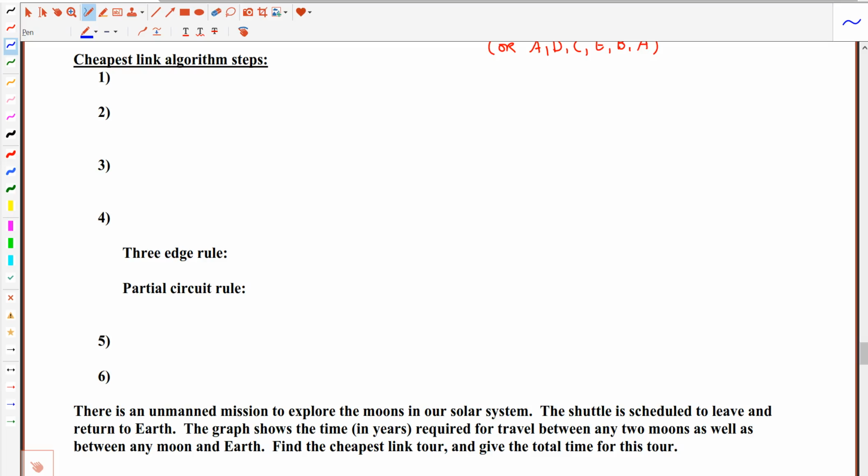Now the first thing you're going to do is represent the problem with a complete weighted graph.